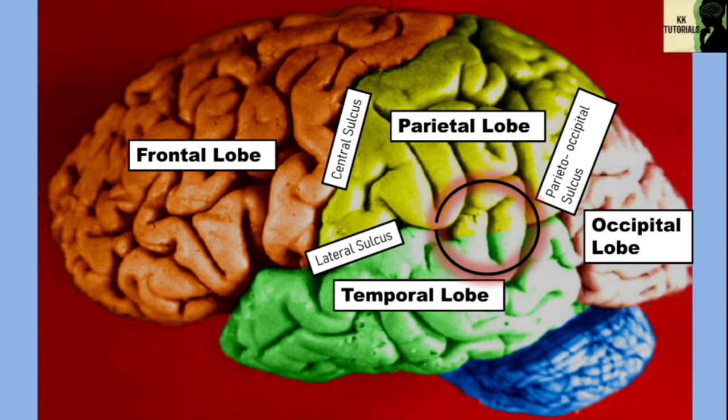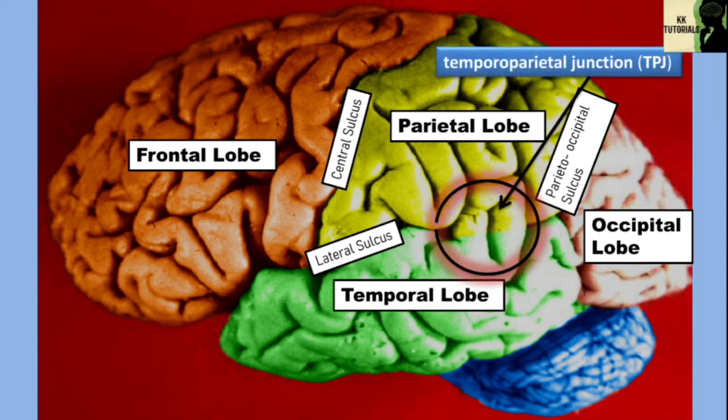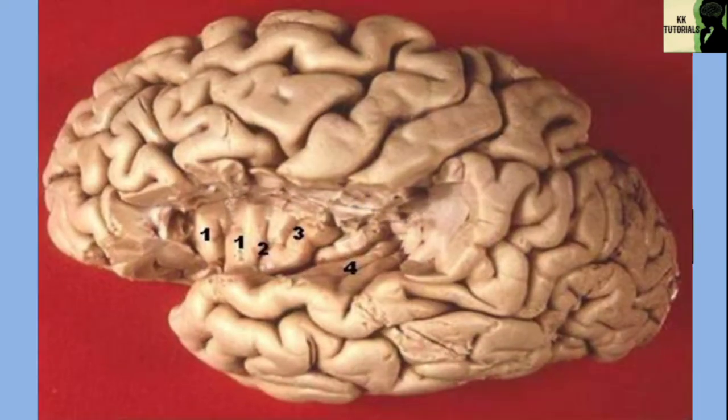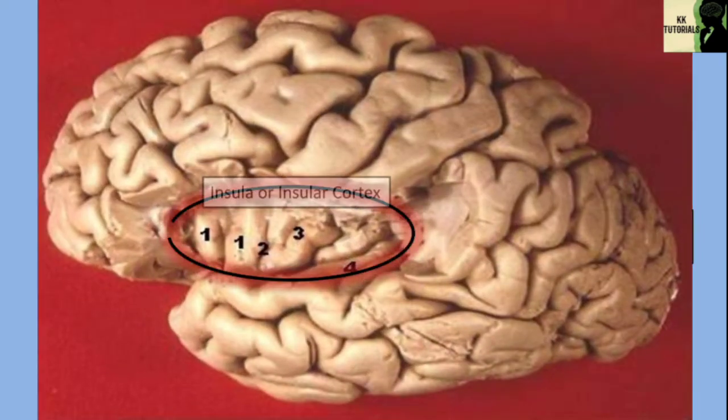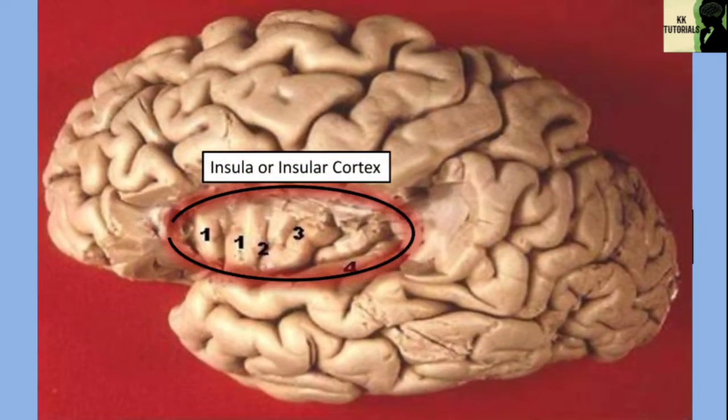This area on the posterior end of lateral sulcus is called temporoparietal junction, that is TPJ. Since these three sulci are not complete, the lobes are not clearly demarcated from each other. The fifth median lobe, called insula or insular cortex, is folded deep within the lateral sulcus.